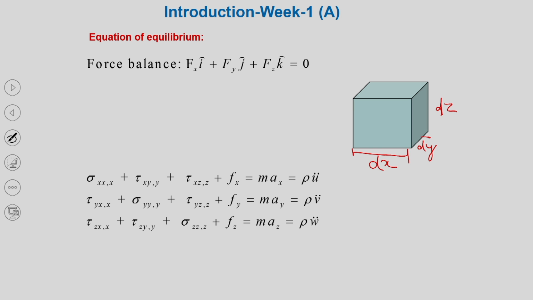is my dz. So, if over this face in a negative direction, let us say sigma xx is acting. So, over this face how much? It will be sigma xx plus del sigma xx over del x into dx over that length.